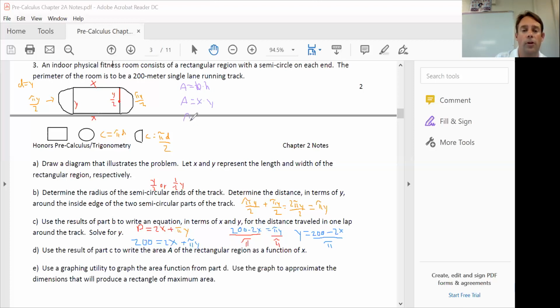Or if I wanted to put everything in terms of x, which is what they're asking us to do here for D, in place of y, I could plug in something really ugly: 200 minus 2x all over pi.